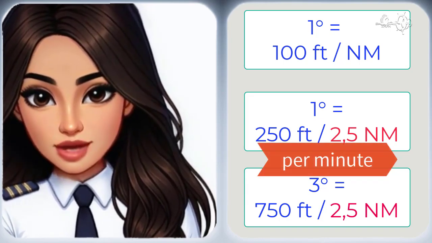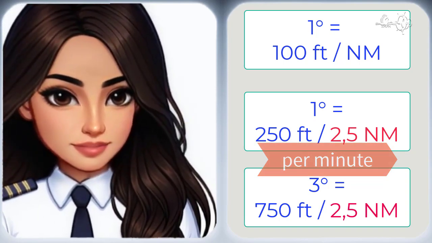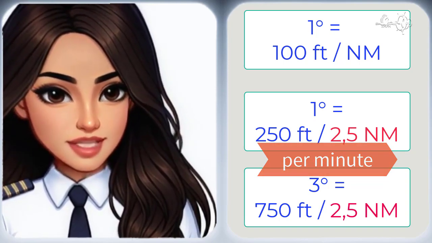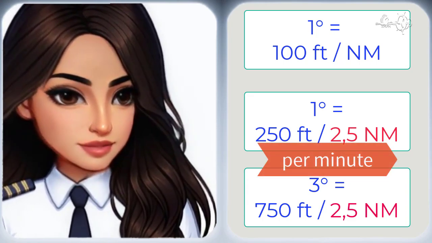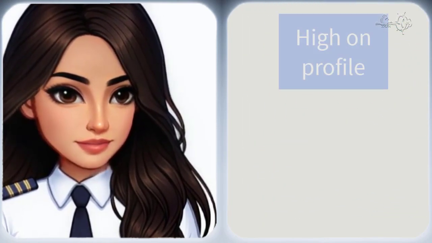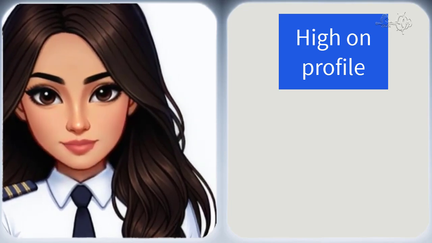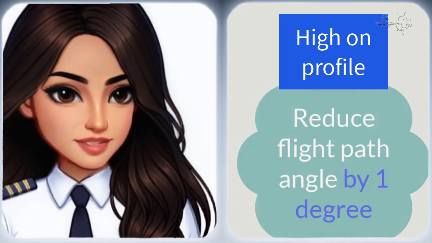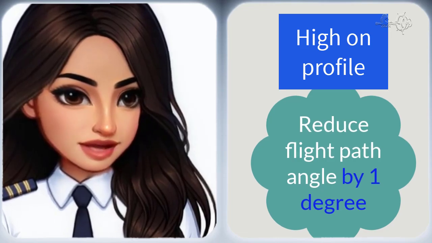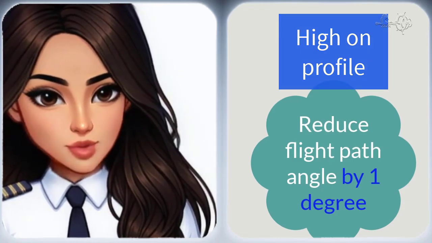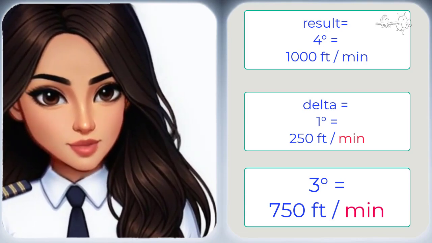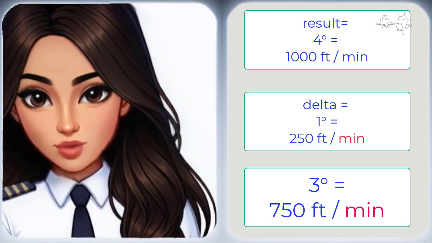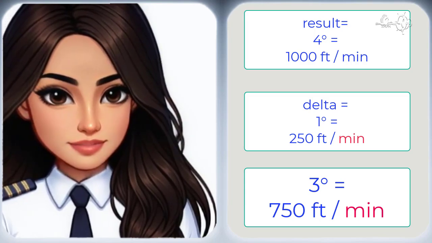Whenever we change the flight path angle by 1 degree with the given ground speed, the delta of the vertical speed will be added or reduced by 250 feet per minute. In the case of being high on profile, with the given ground speed, simply changing the flight path angle by 1 degree will result in a vertical speed of 750 plus 250 feet per minute, or 1,000 feet per minute.